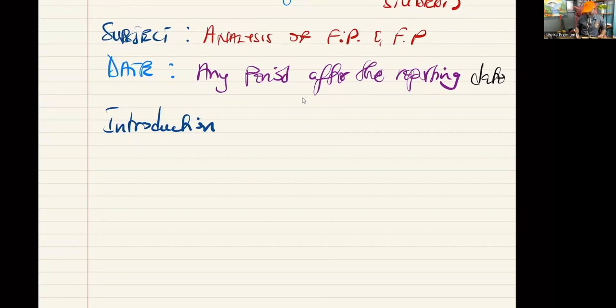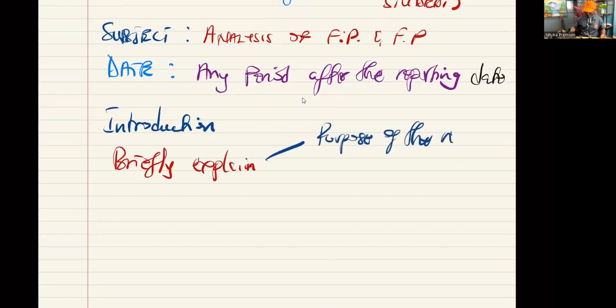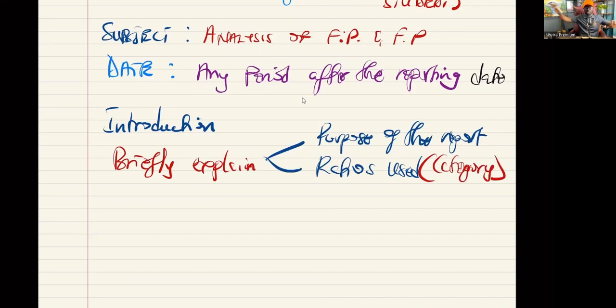It should briefly explain the purpose of the report, the ratios that you are using, and that is going to be their category, not giving us a list, the category. So if it is profitability ratios and liquidity ratios, write it down. Then number 3, the basis of comparison.